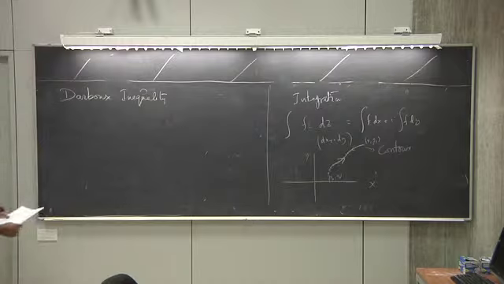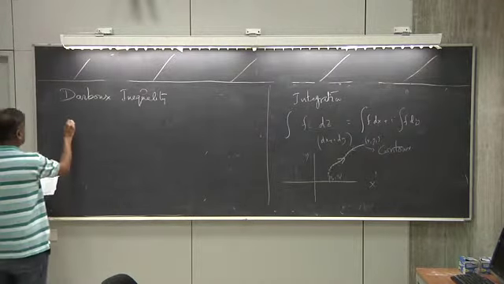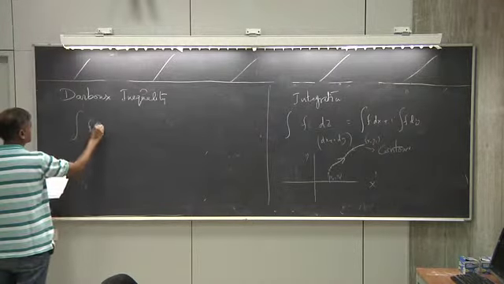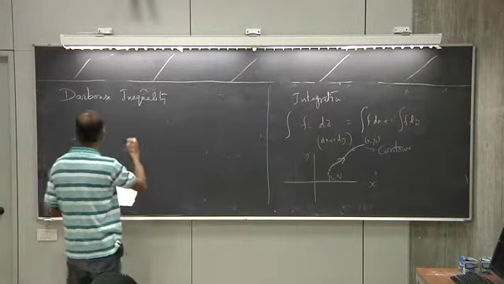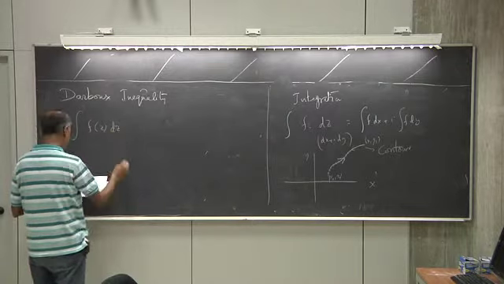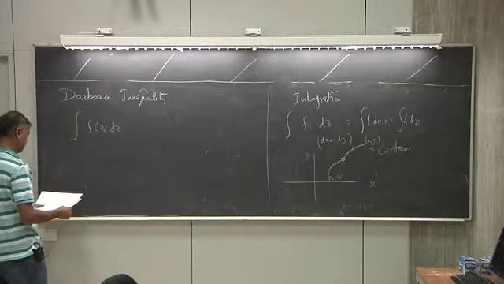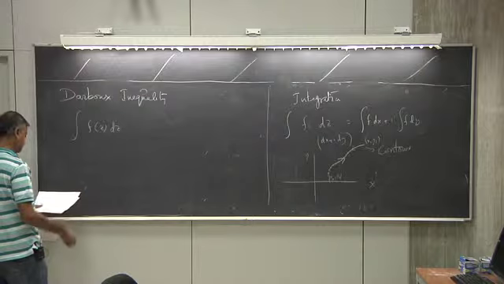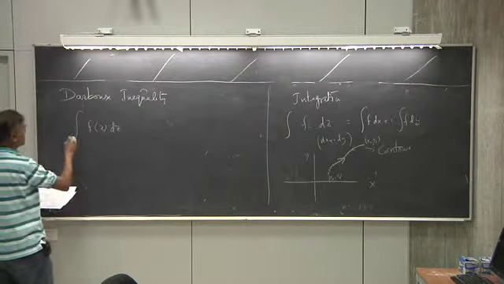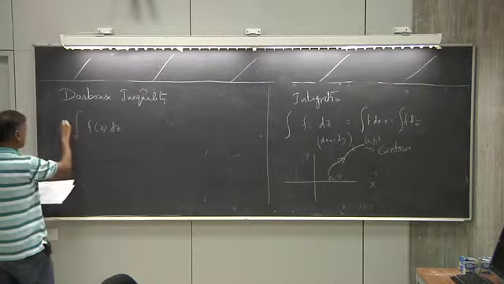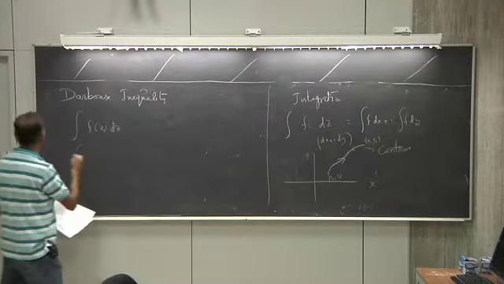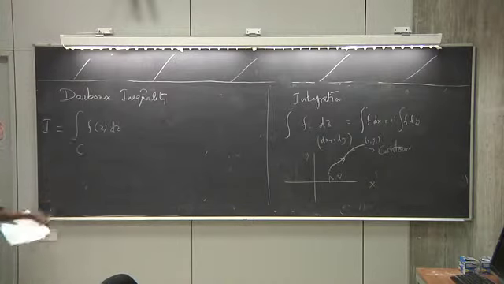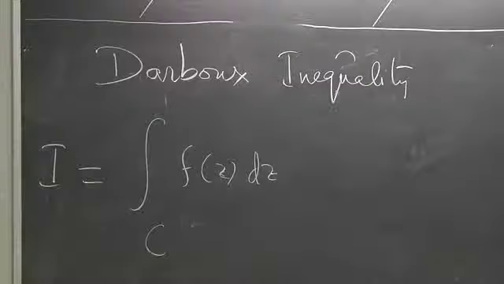So the statement is this: suppose I take some analytic function f of z, and integrate f of z dz over some contour. Some contour is given, and the integral will be some complex number. So I want to get some bounds on this complex number.